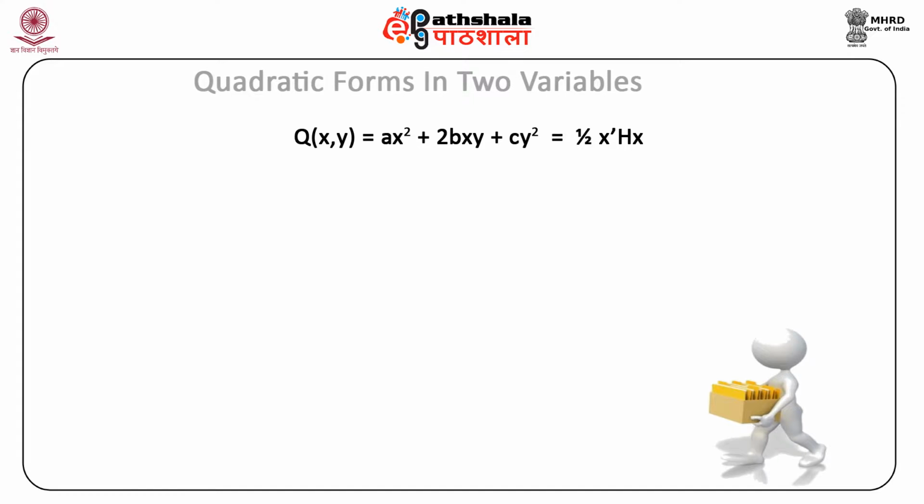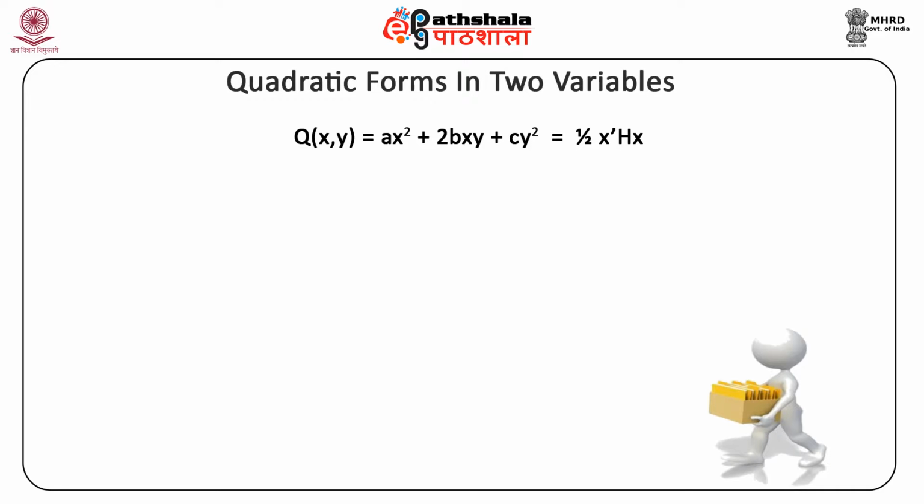The knowledge of quadratic forms is greatly helpful in multivariate optimization problems for writing the second order conditions in a compact form and thereby verifying them easily.